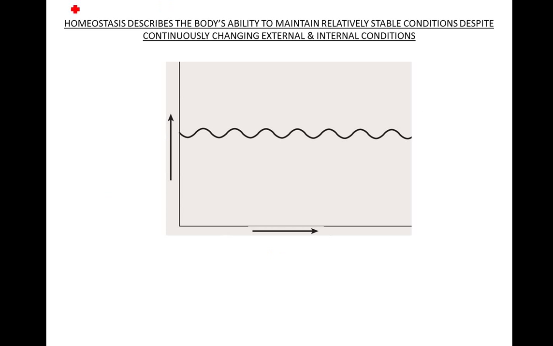So, if you look at the top, homeostasis is the ability to maintain a stable environment despite change, whether it's external, that's you're shivering because it's cold outside, or internal, something that's going on inside your body.